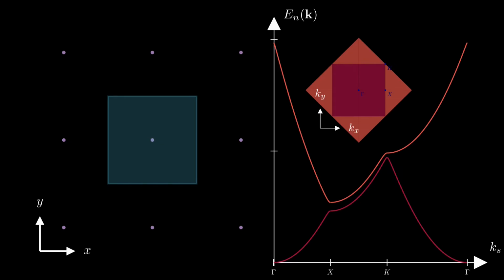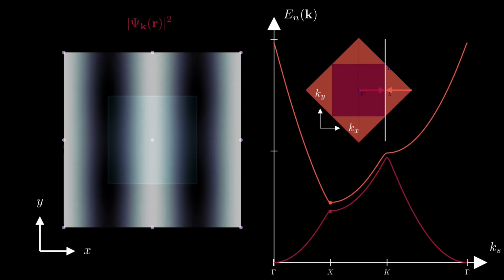Now, let's look at what happens along one of those mysterious lines, such as the xk line. Along these lines, two waves with identical wavelength and opposite directions along kx are interfering with one another, forming a standing wave pattern. Let's look at the electron density probability psi squared.